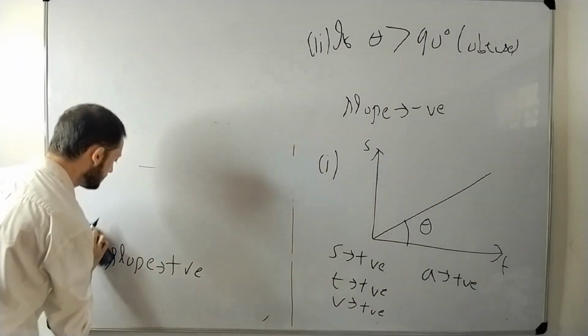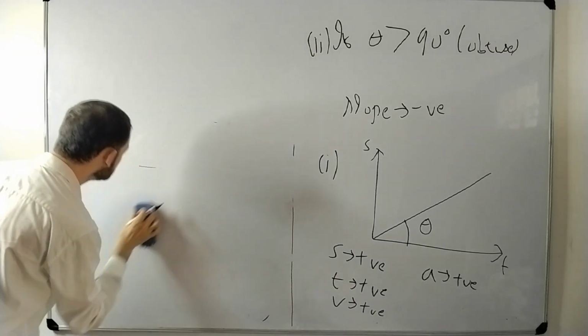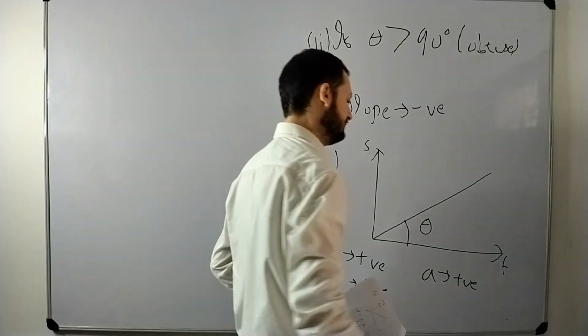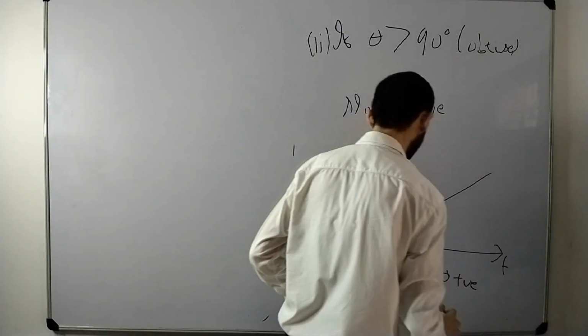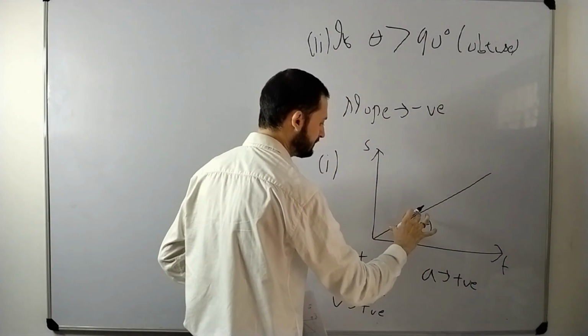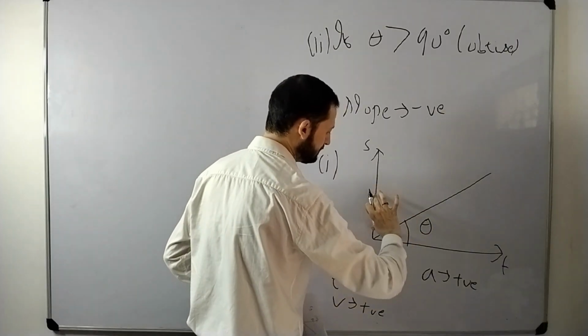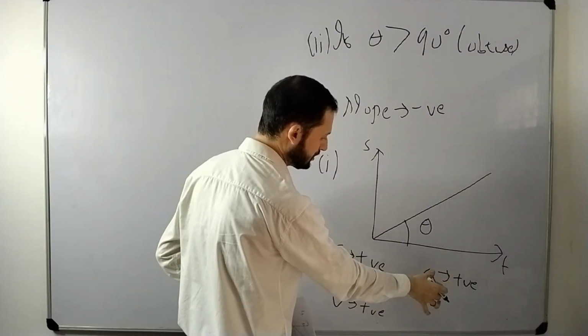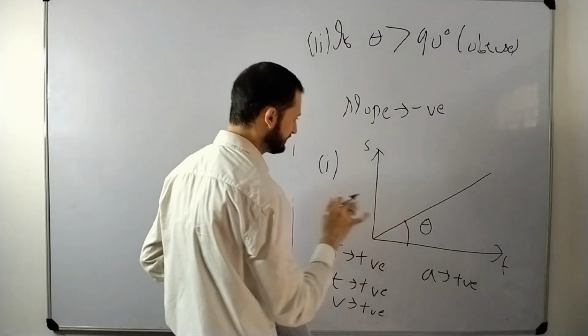So you see, as theta is less than 90 degree, everything comes out positive for a straight line graph.